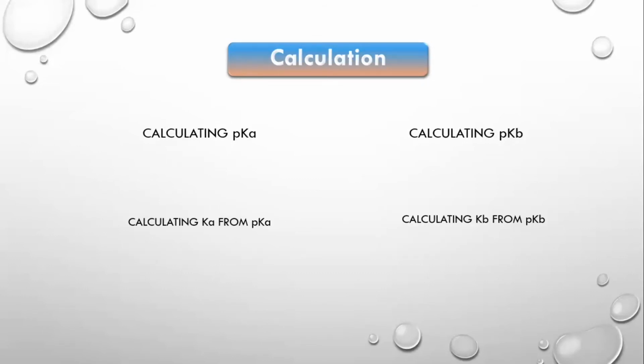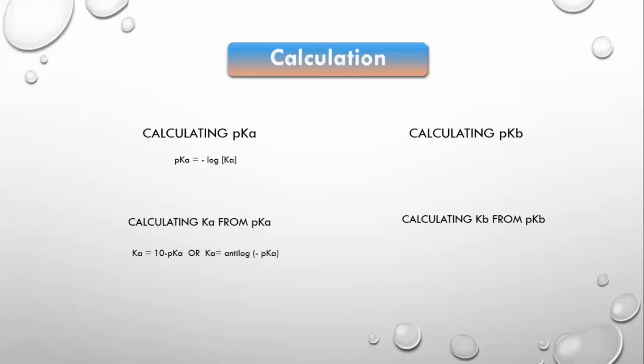For calculating the pKa, pKa is calculated using this expression. pKa is equal to negative logarithm of Ka, where Ka is an equilibrium constant for the ionization of acid. For calculating Ka from pKa, you can use the reverse mathematical operation employed to find pKa.